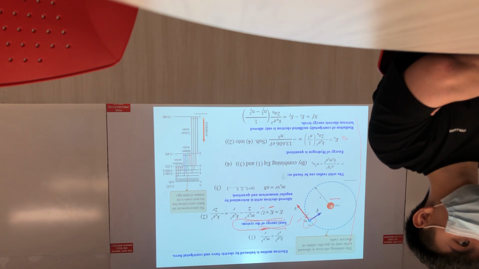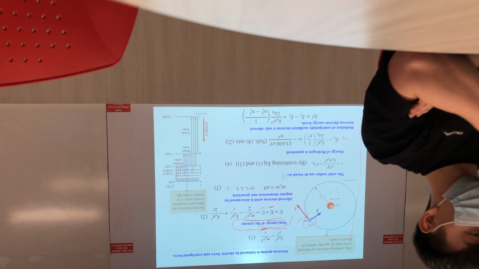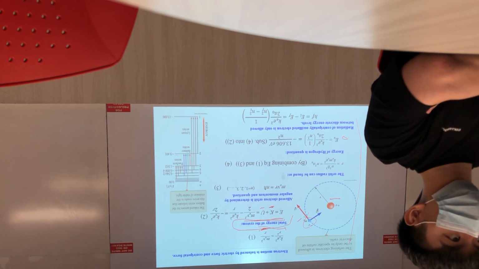This is the energy of your total system. So we consider potential energy as well as the kinetic energy. Potential energy means we take into account the proton in the equation. So this total energy should involve the kinetic energy of the electron as well as the potential energy acting between the electron and the proton.